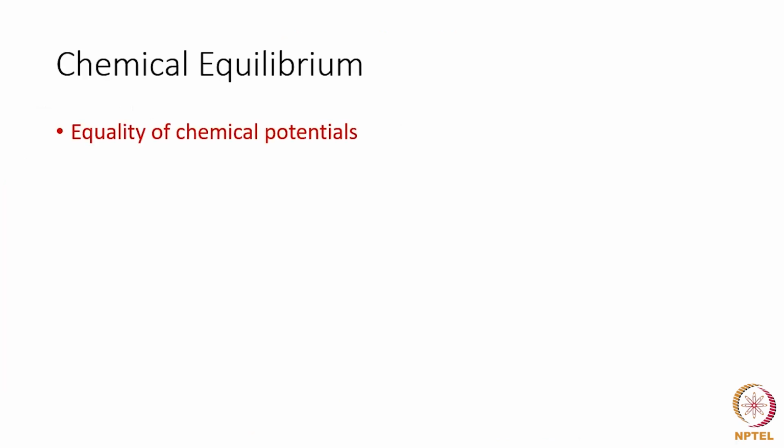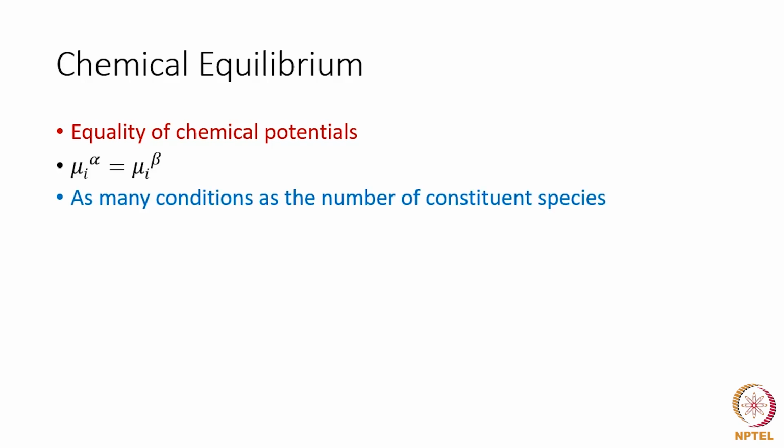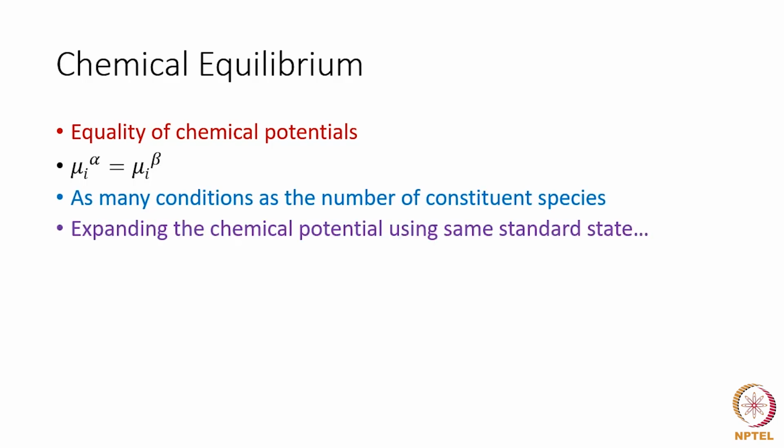So chemical equilibrium we can propose as basically the equality of chemical potentials, and we write that as mu I alpha is equal to mu I beta, and we write as many of those conditions as the number of constituent species. What we do later on is, by expanding the chemical potential using the same standard state for all the conditions, we can introduce the concept that chemical equilibrium can also be called equality of activities.